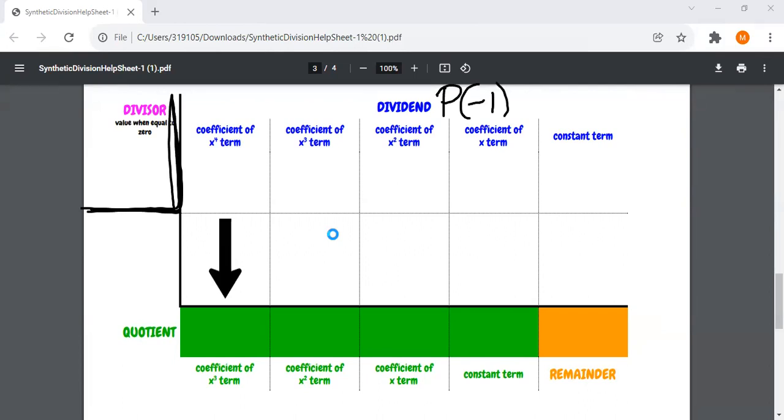And then I have x to the 4th plus 2x cubed minus x squared plus 4x minus 6. So now we have a whole bunch of stuff here. So what goes in my box?